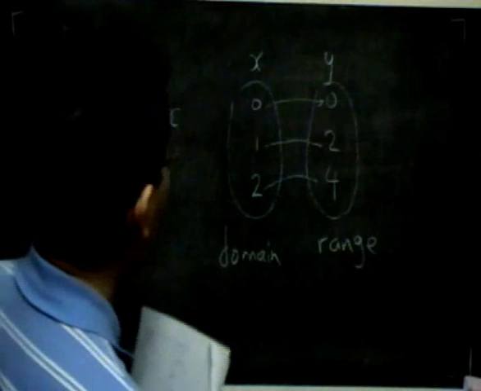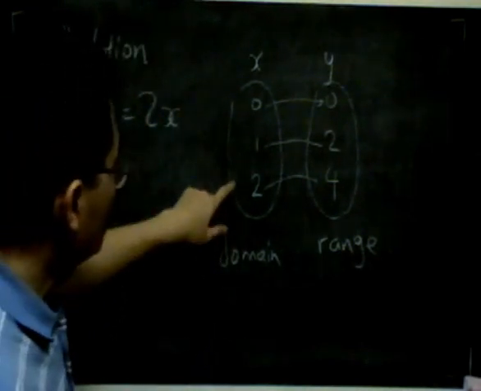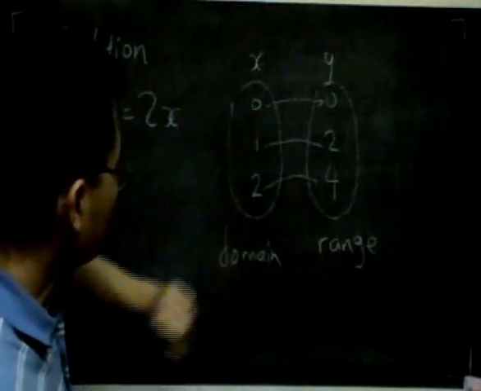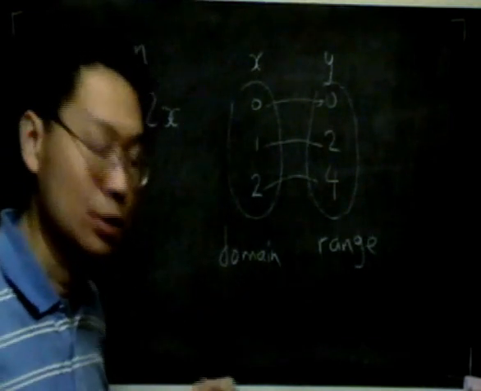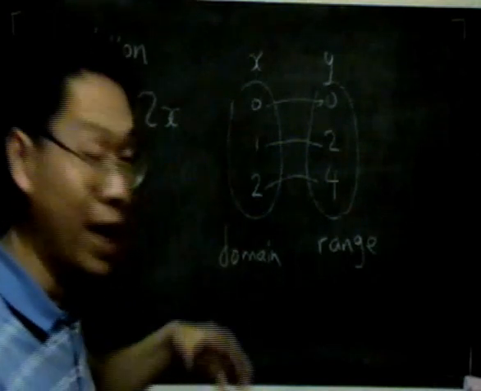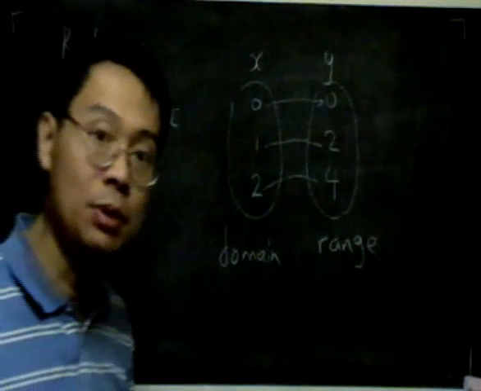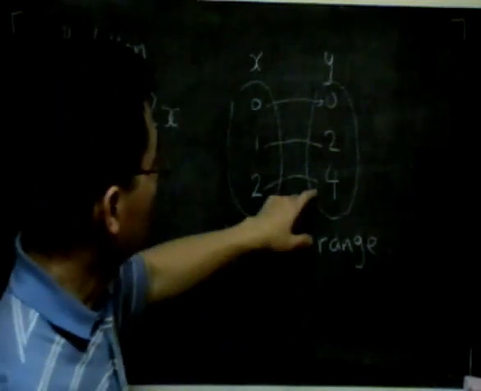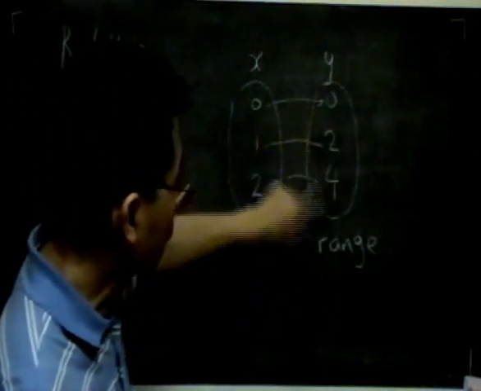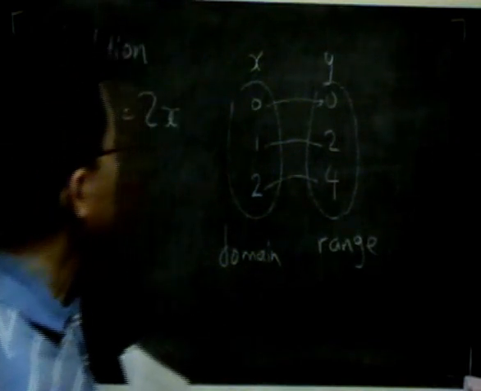Okay, so we have learned about sets in an earlier session. We can think of this group of numbers in the domain as a set. So the domain is a set of elements. So each number in the domain is an element of this set, right? And this set of values of y is the range, right?